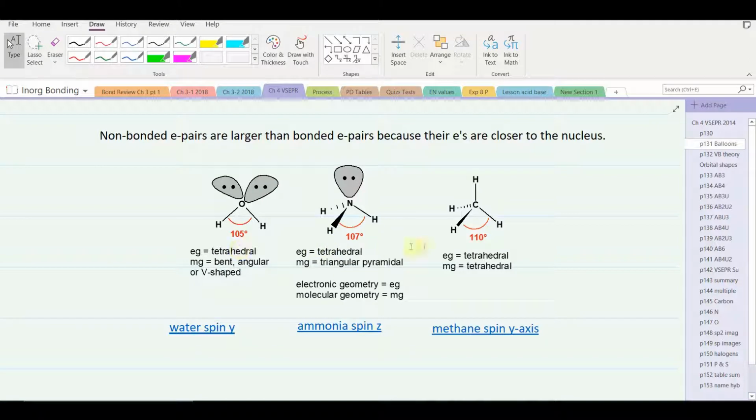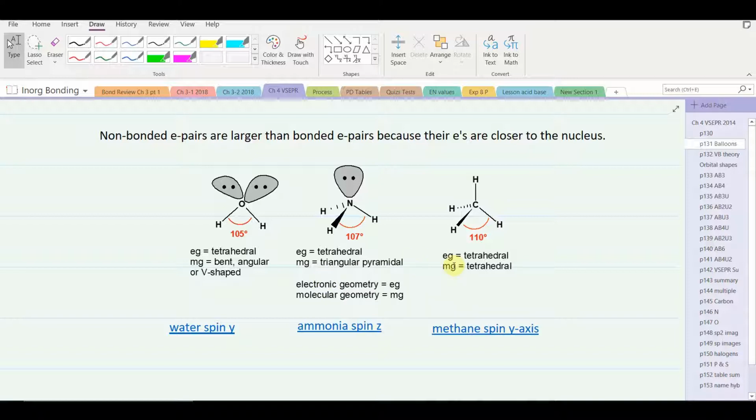In the case of methane, 4 electron clouds are actually bonded electron pairs. And so the arrangement of hydrogen atoms around carbon is also tetrahedral. And the arrangement of the atoms around the central atom is referred to as the molecular geometry. The arrangement of the electrons around the central atom is referred to as the electronic geometry. In the case of methane, they are the same.